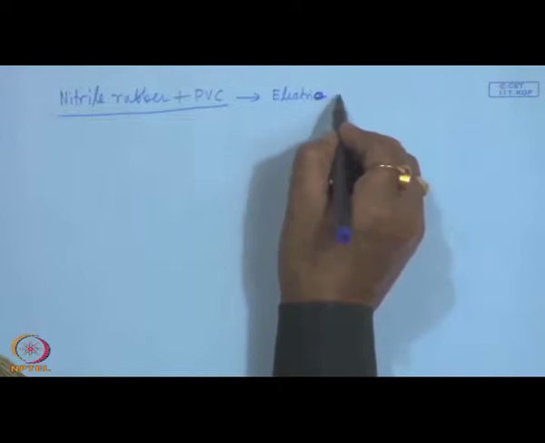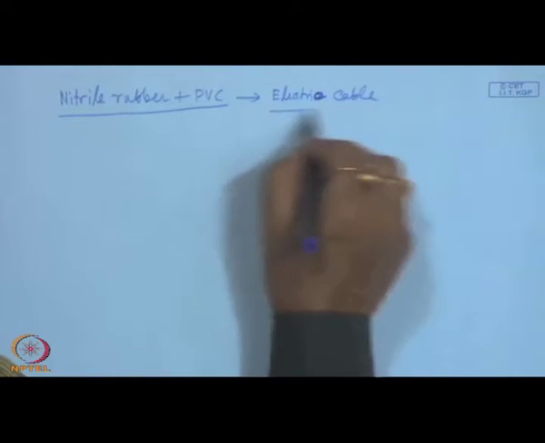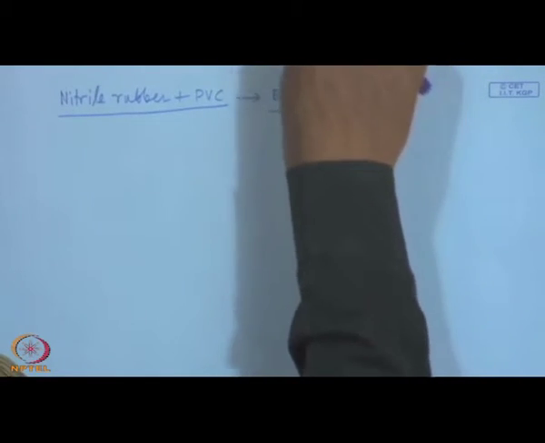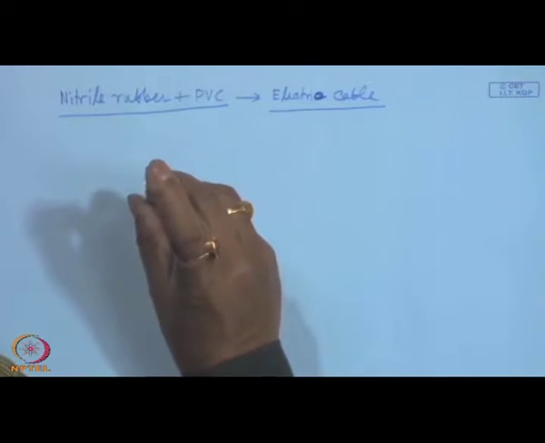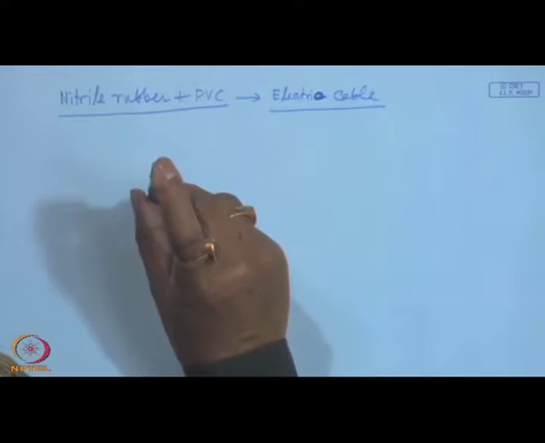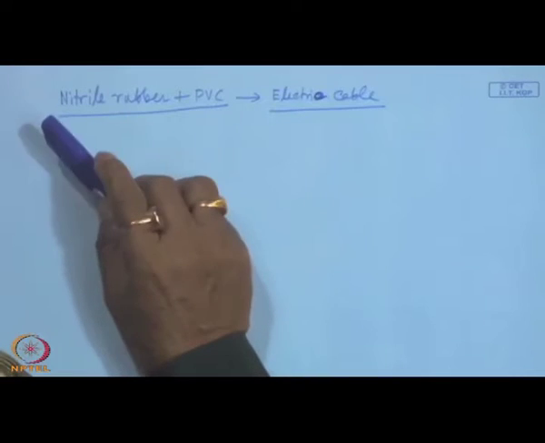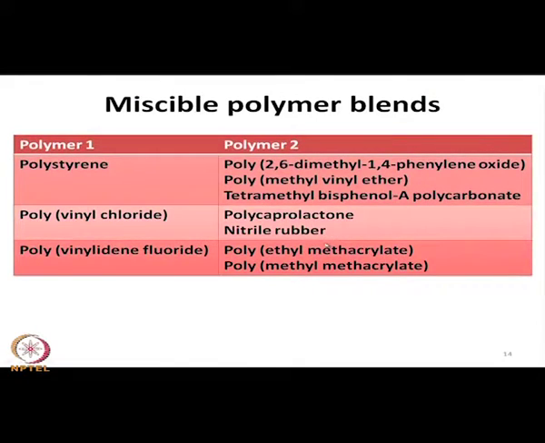For heavy duty electric cable, for high voltage underground electric cable, after polyethylene insulation, this nitrile PVC blend is used as a sheathing material, or PVC is used to coat conductors for domestic wiring.